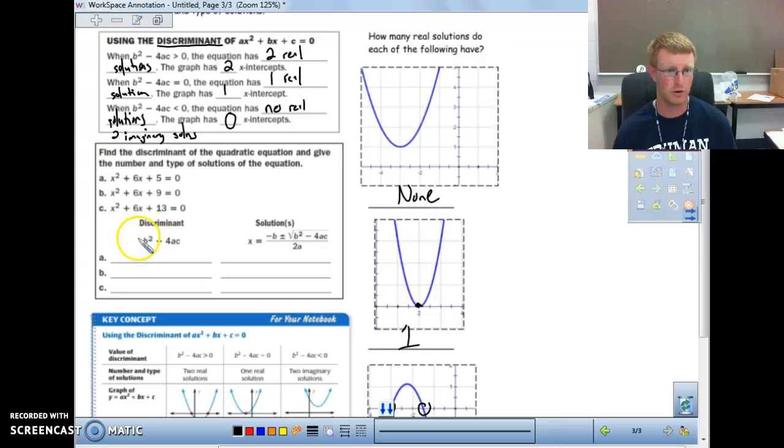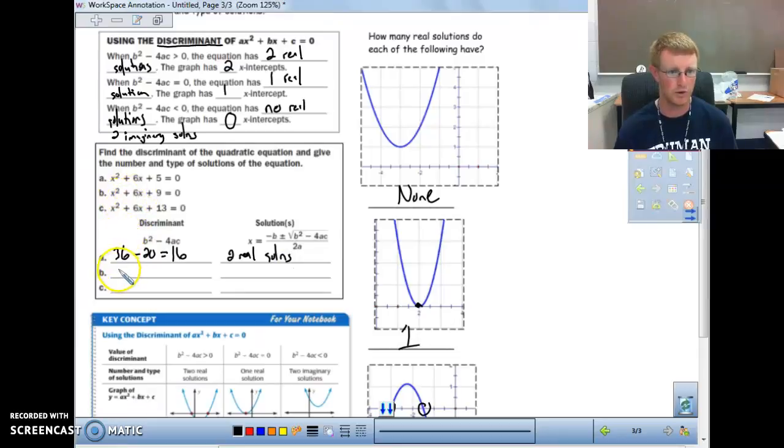So let's find the discriminant of each of these and talk about what we know about them. This will be really easy. The discriminant in the first one will be 36 minus 4ac, so 36 minus 20 is equal to 16. Because it's positive, we expect to get two real solutions.